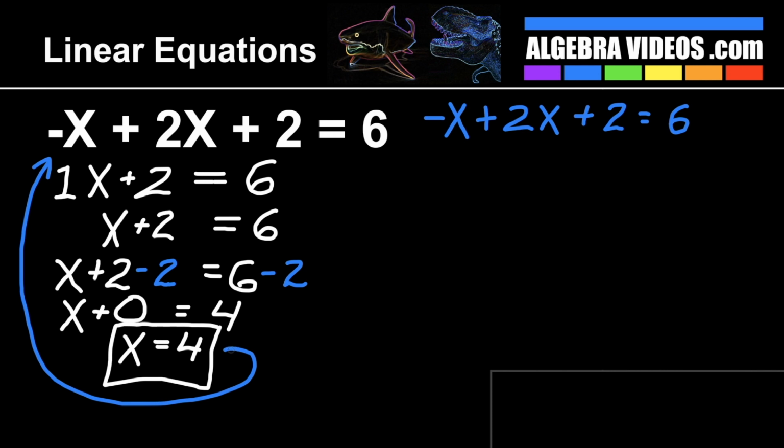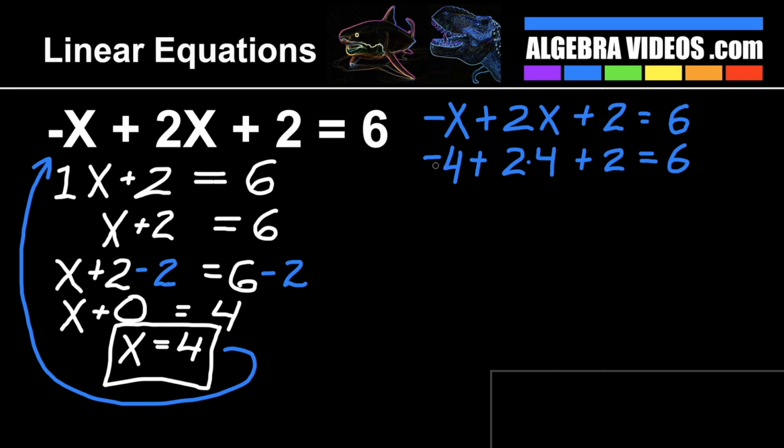And now I'm going to plug in the number 4 because we got x equals 4. So let's see if it works. I'm going to put in a minus and then plug in x. So I'm just going to plug in a 4 plus 2 times 4, 2 times 4 plus 2 equals 6.